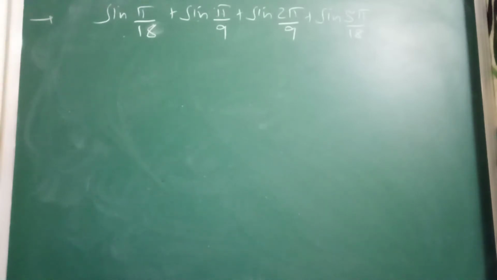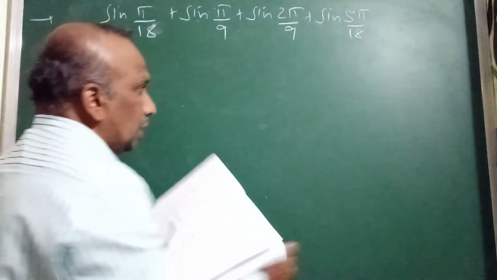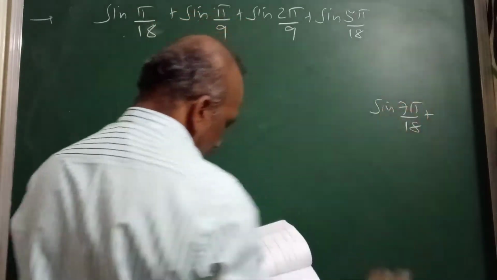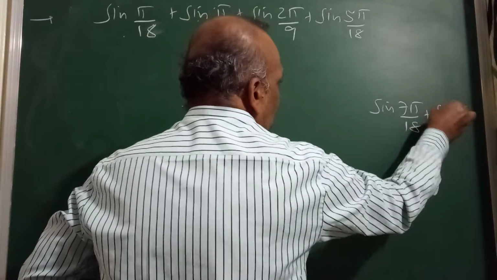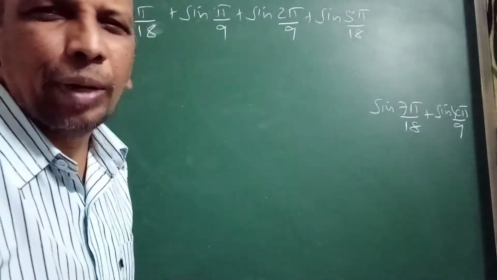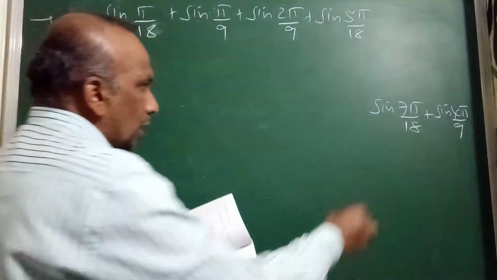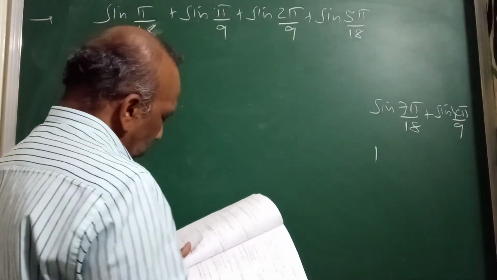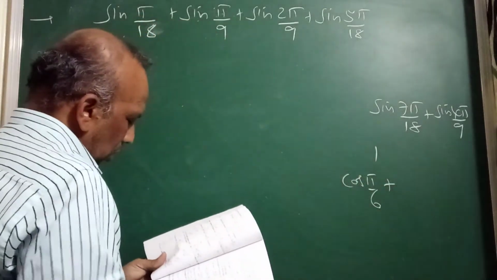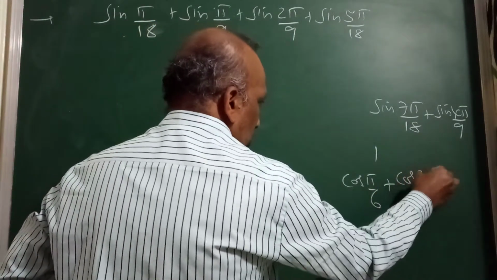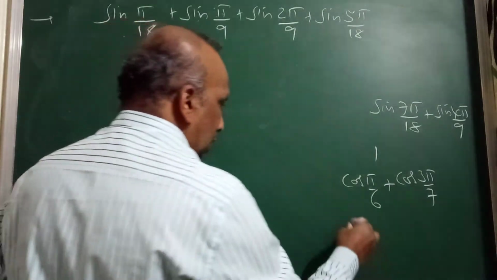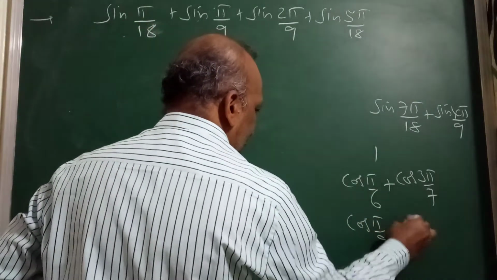So the options given are: sin 7 pi by 18 plus sin 4 pi by 9; another one is 1; next cos pi by 6; cos 3 pi by 7; the fourth one, cos pi by 9 plus sin pi by 9.